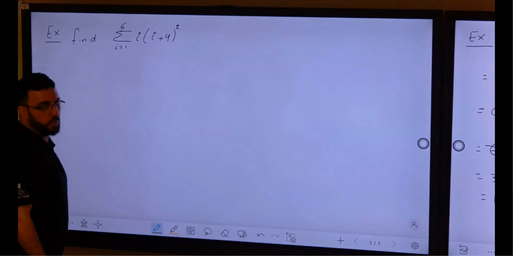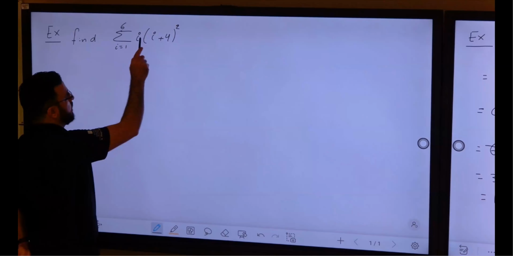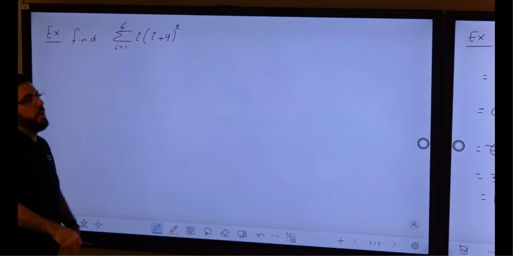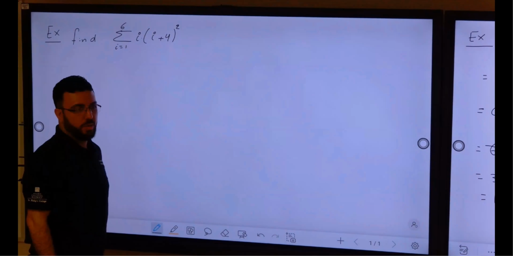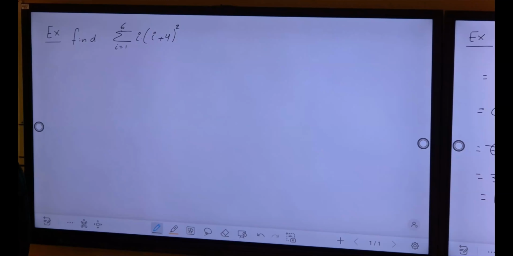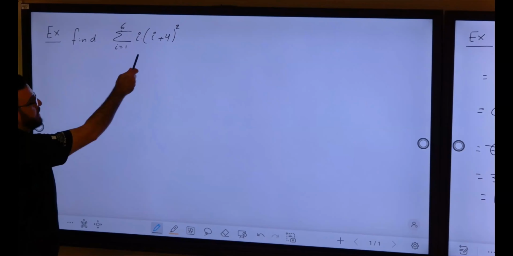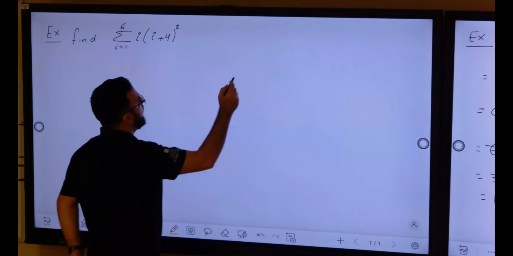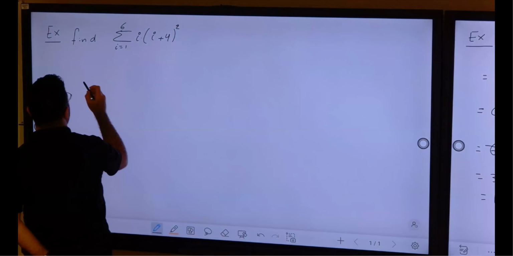Do we have rules with multiplication? Because here's multiplication, right? We can't use one of these rules. So what am I going to do? Can you FOIL the parentheses? If you FOIL the parentheses, it's not going to be wrong. You're doing the right step. So on the side, let's do it here.